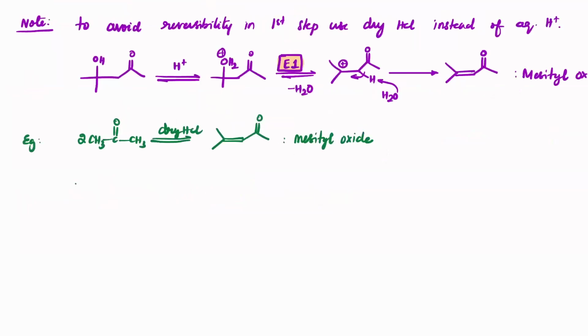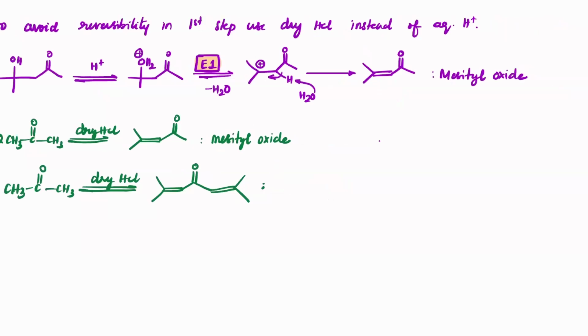So 3 moles of CH3COCH3. When I take 3 moles in the same dry HCl case, first of all, on this side the mesityl oxide will form. And again from this carbon, it will attack onto the next molecule. That's how you will get one more double bond here. Let me show you how it is happening.